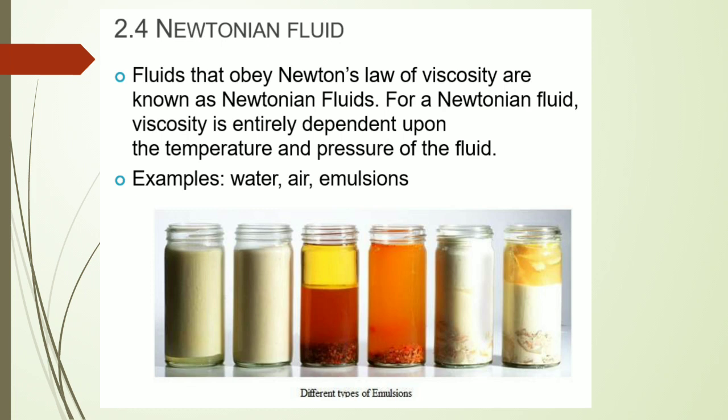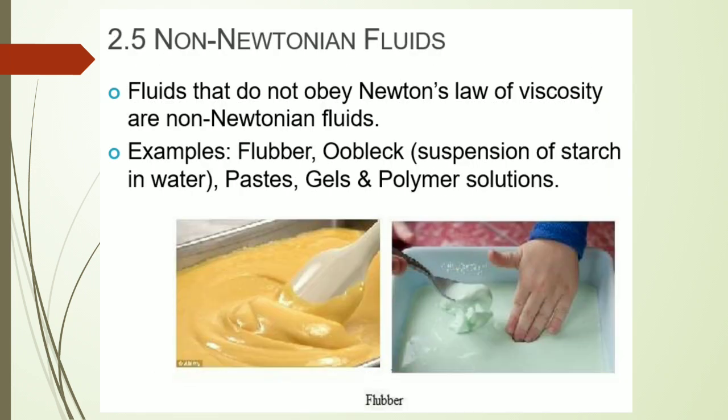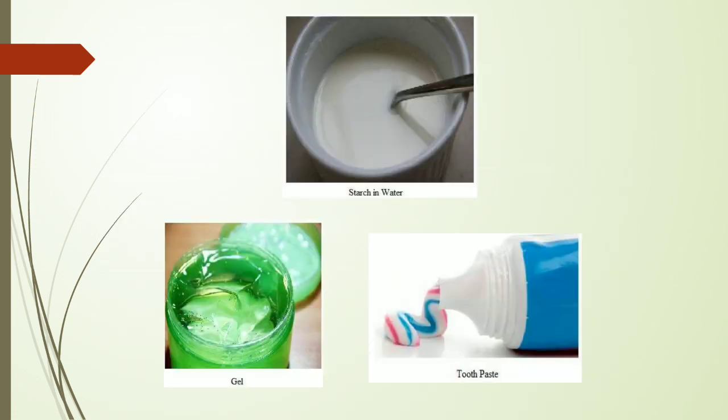Then what is non-Newtonian fluid? It does not obey Newton's law of viscosity. So when I have to apply more stress, more stress I have to apply. Examples, you can see the flubber or any grease type of structure. Then paste, gel or polymer solutions. These are called non-Newtonian fluids.